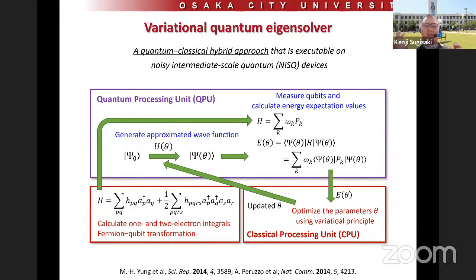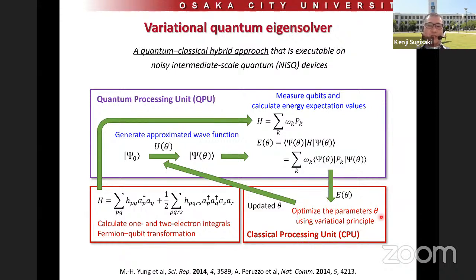I mean, in the VQE, we perform some quantum circuits to generate the correlated wave function, and then calculate the energy expectation values, and then the information of the energy or measurement outcome is transferred to the classical computer.